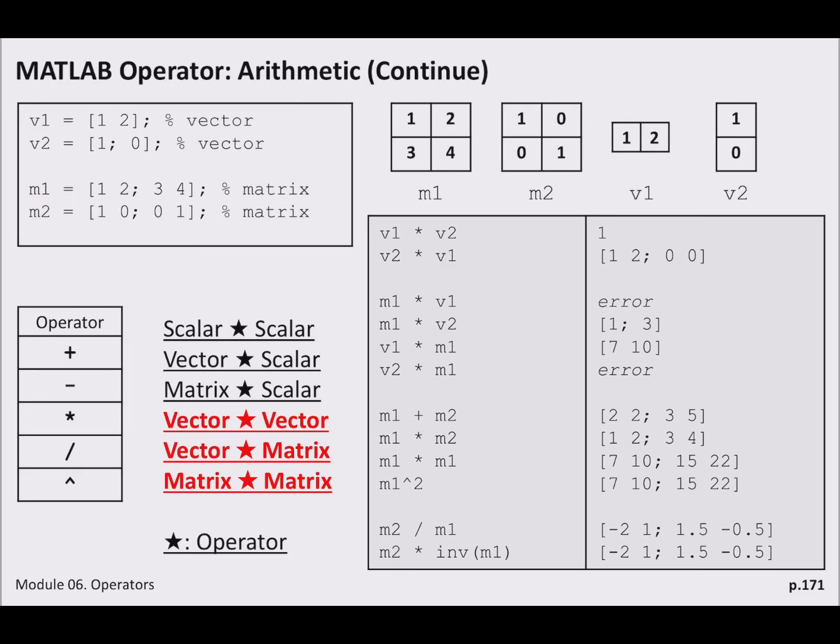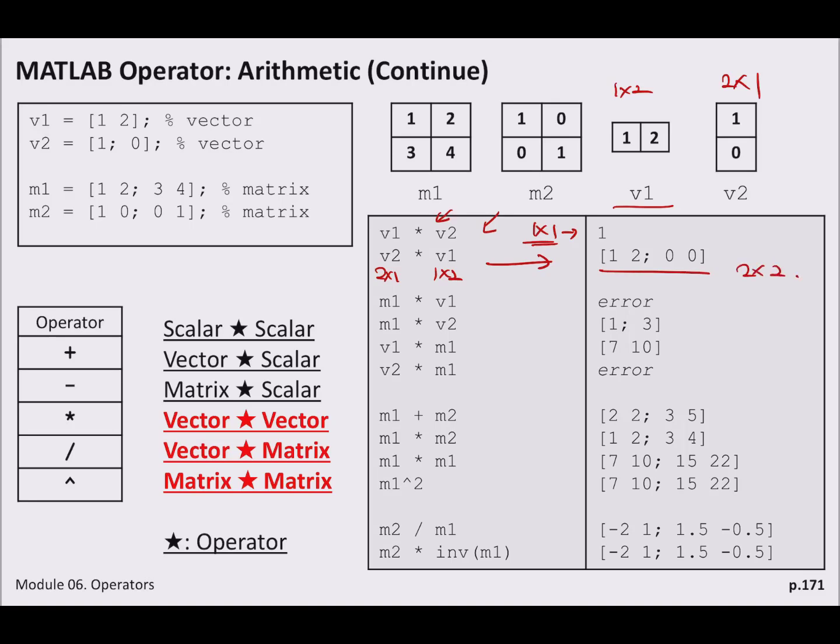So how about the multiplication between vectors? That's matrix multiplication. V1 is 1 by 2, V2 is 2 by 1. So it is working, and it becomes a 1 by 1 scalar value. If we do this operation in reverse order, V2 is 2 by 1 and V1 is 1 by 2, and the outcome is 2 by 2.